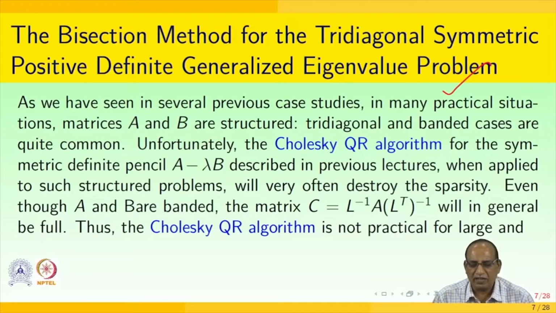Unfortunately, the Cholesky QR algorithm for the symmetric definite pencil A minus lambda B described in the previous lecture, when applied to such structured problems, will very often destroy the sparsity even though A and B are banded.